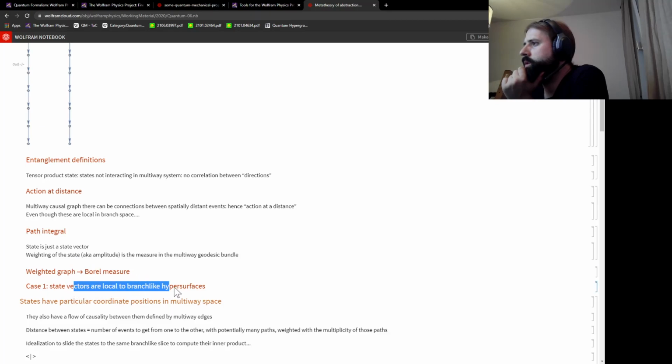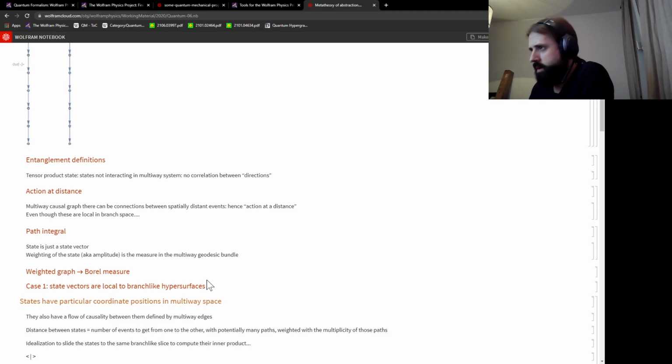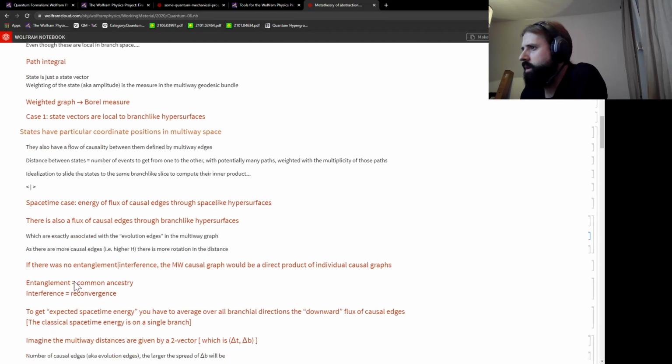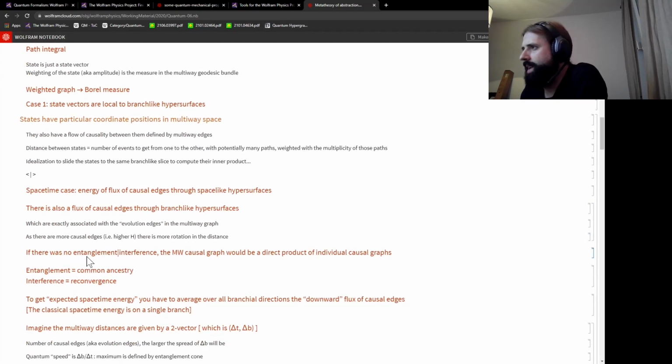State vectors are local to branch-like hypersurfaces. States have particular coordinate positions in multi-way space. If there's no entanglement interference, the multi-way causal graph will be a direct product of individual causal graphs.